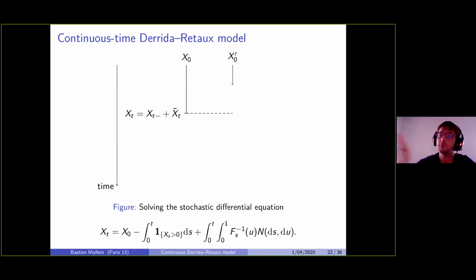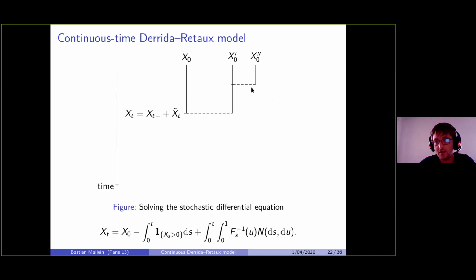So maybe here I hit an exponential time before my time t, but then I just need to add a new independent copy of the process at that time, so I start with a random variable X_0 second, add the X_0 prime minus those lengths, positive part, and I add them together.